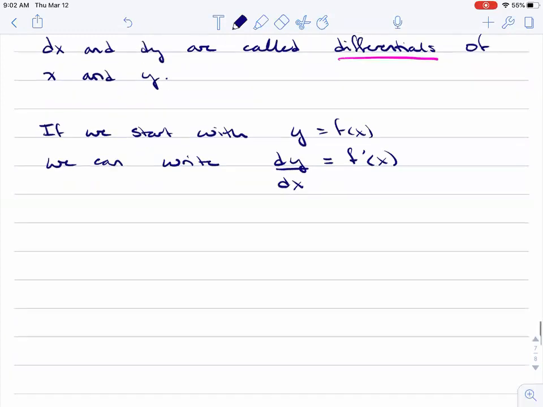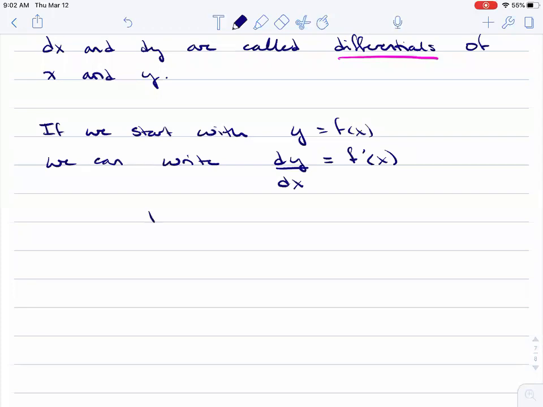So now what we have is that dy can be rewritten as f prime of x dx.